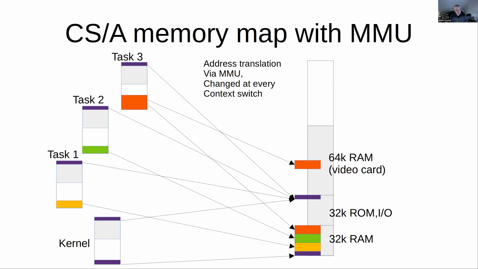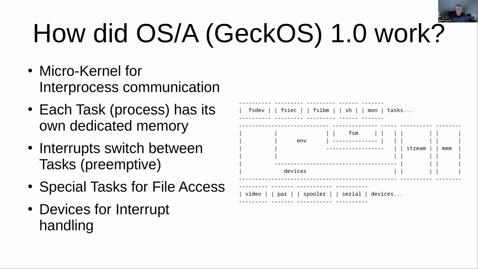So how did GeckOS, or GeckOS 1.0, work? It's basically still valid in GeckOS 2 point something. It's a microkernel, and the kernel is only doing the inter-process communication. We have the devices part of the kernel, and we have an environment part, as I call it.